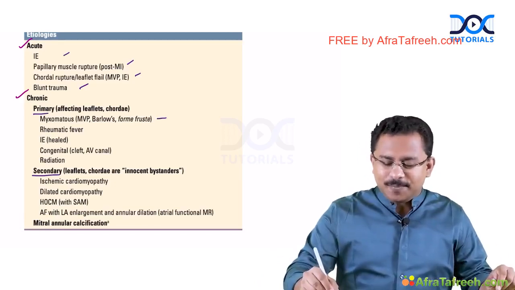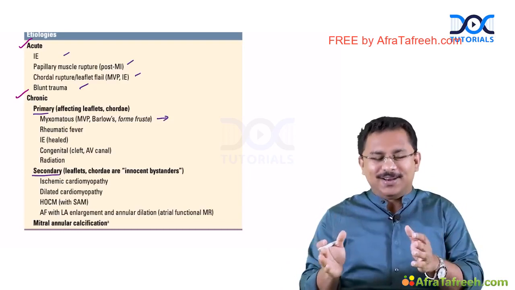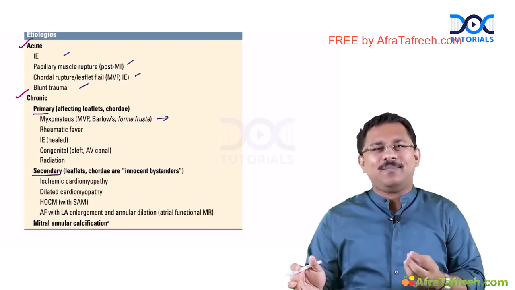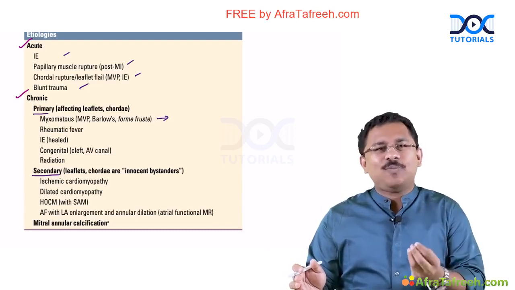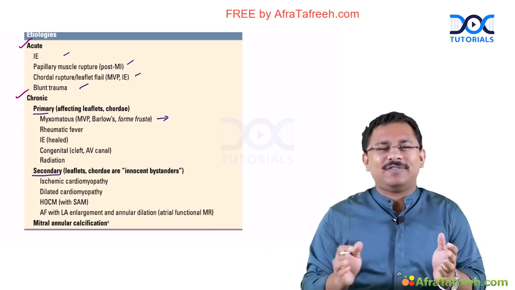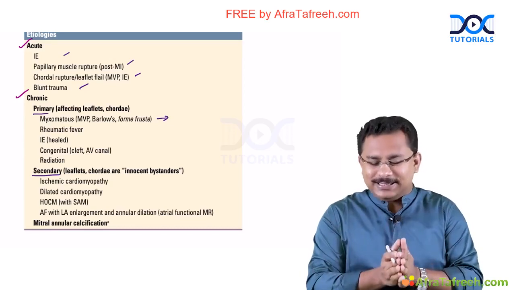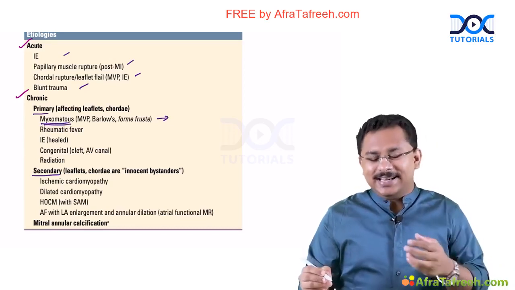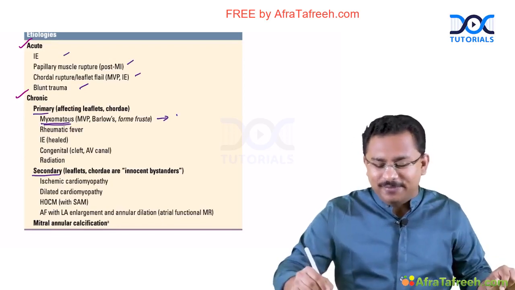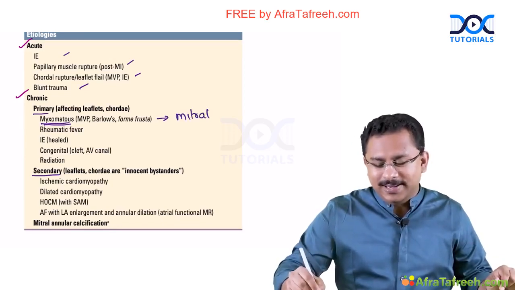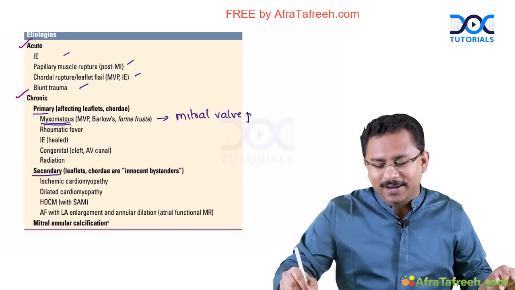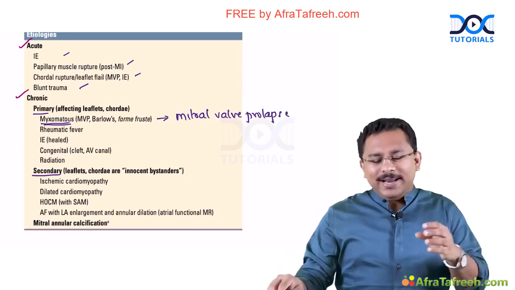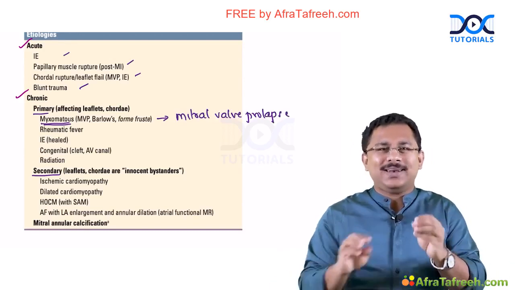Now you see here, when it comes to a primary chronic MR, the most common cause will be a myxomatous degeneration of the mitral valve leaflets, and such a myxomatous degeneration can lead on to a mitral valve prolapse. Now, what happens when you have a myxomatous degeneration?